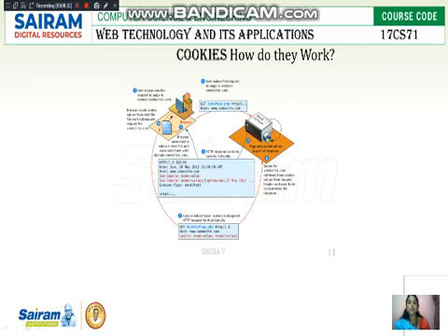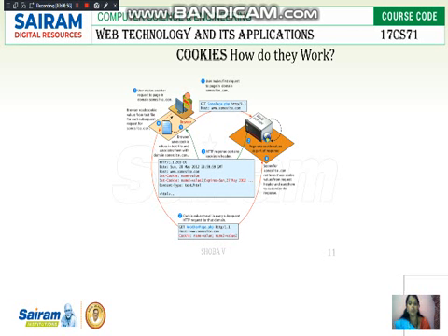And cookies, how do they work? The user makes a first request to a page in a domain, and the page with cookie values as part of it gets the response. The HTTP response contains cookies in a header. Then the browser saves the cookie value in a text file and associates it with the domain.